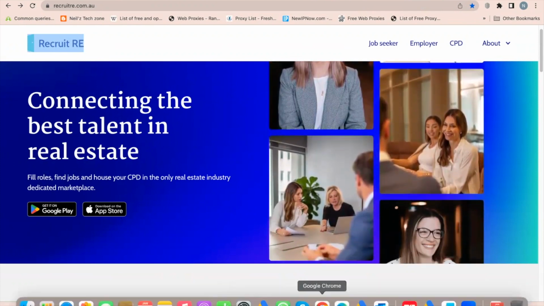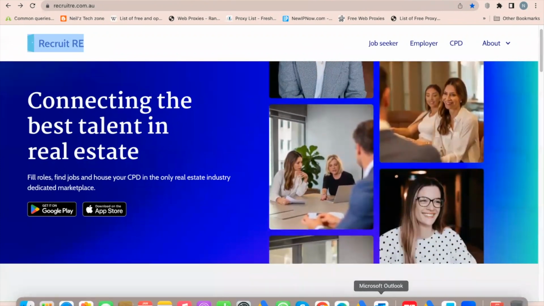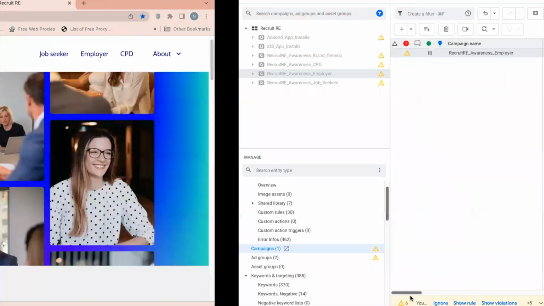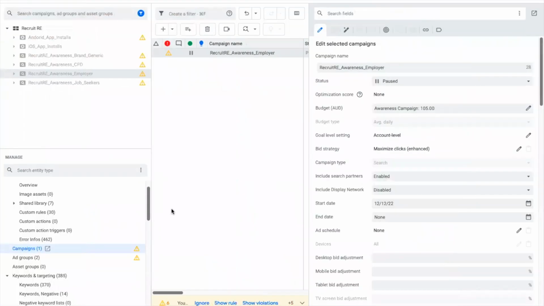Those are called brand campaigns. But in this case, don't get confused, they have not used the brand names. That is because this is an absolutely new company and a new brand, so people don't know about it. Once people start knowing, then they will start searching Recruit RE app or Recruit RE real estate employment or something like that, right?